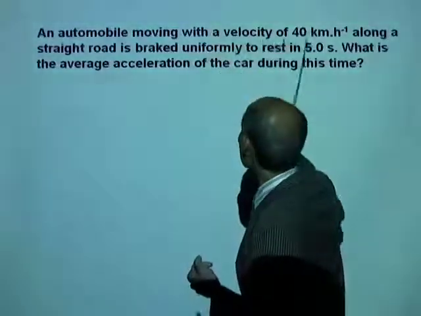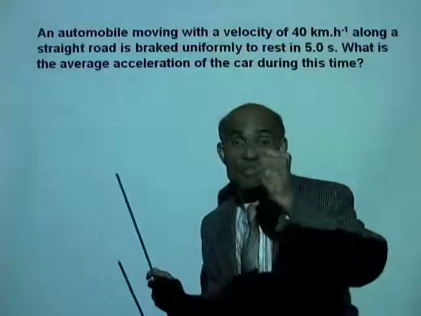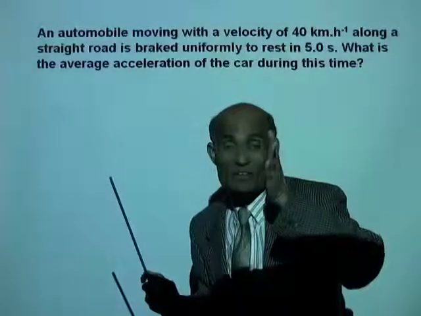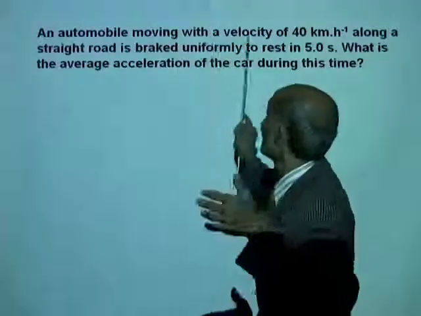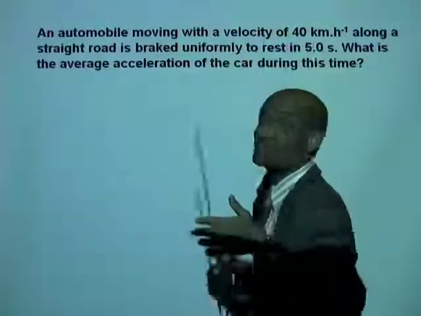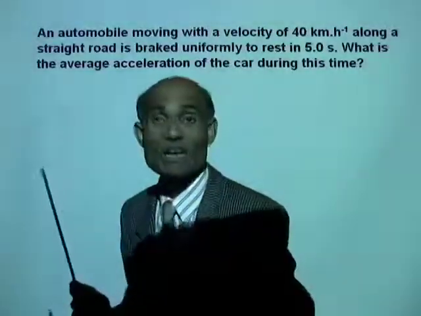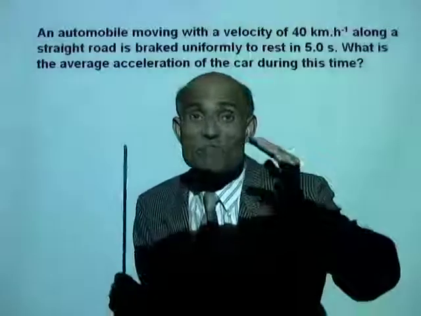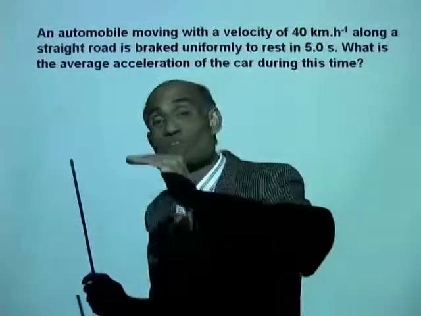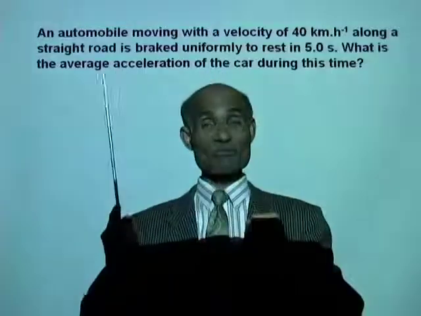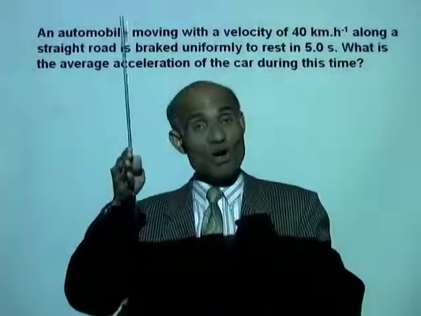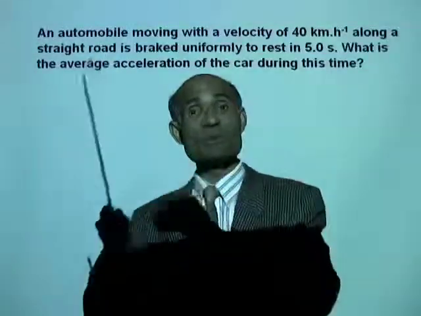So this is your initial velocity when you start your clock. The automobile is braked uniformly to rest. What is the final velocity? It is brought to rest. The final velocity is 0.